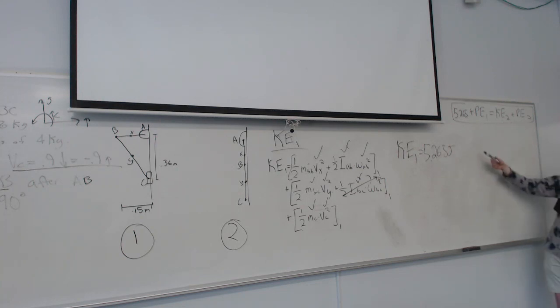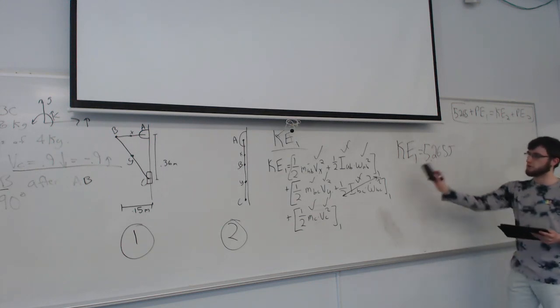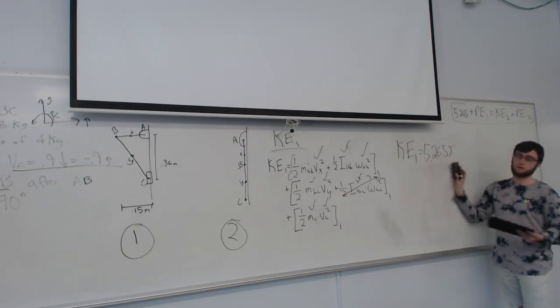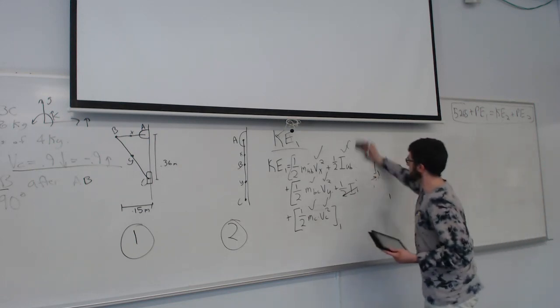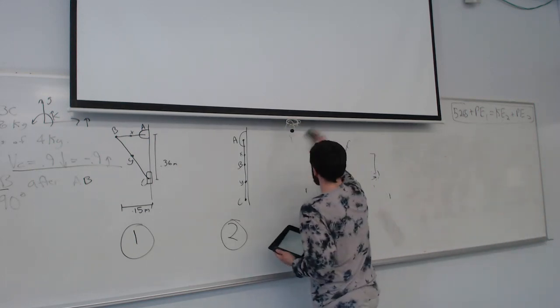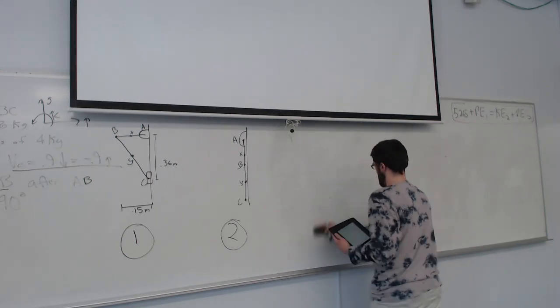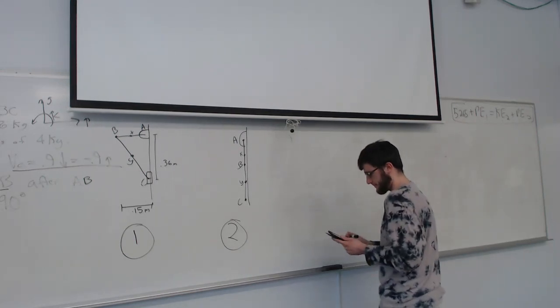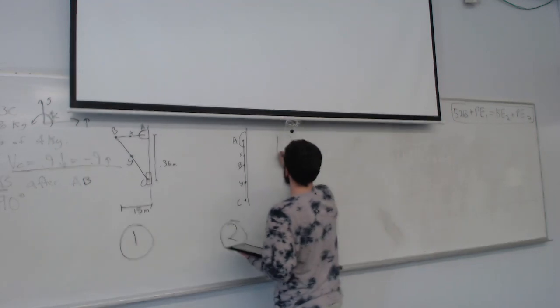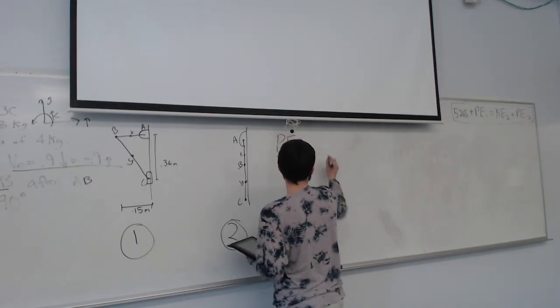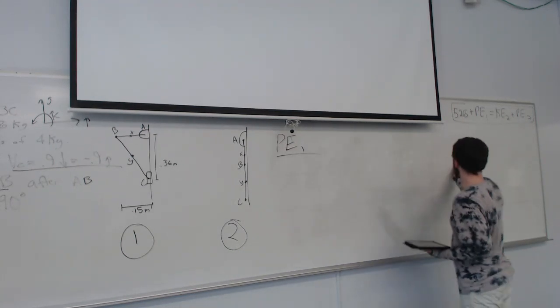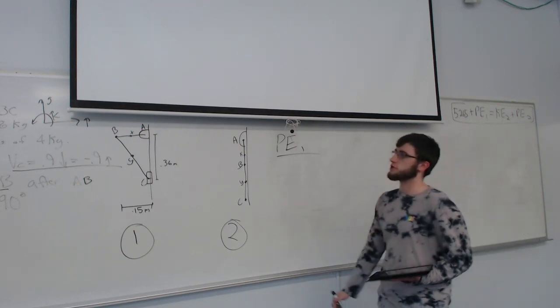So what I'm doing, I just solved kinetic energy of 1, now I'm going to do potential energy of 1, and then potential energy of 2, and then solve. That's the process here. So is everyone good if I erase this side? Luckily, the potential energies are a lot easier. The kinetic energies are the challenging ones.